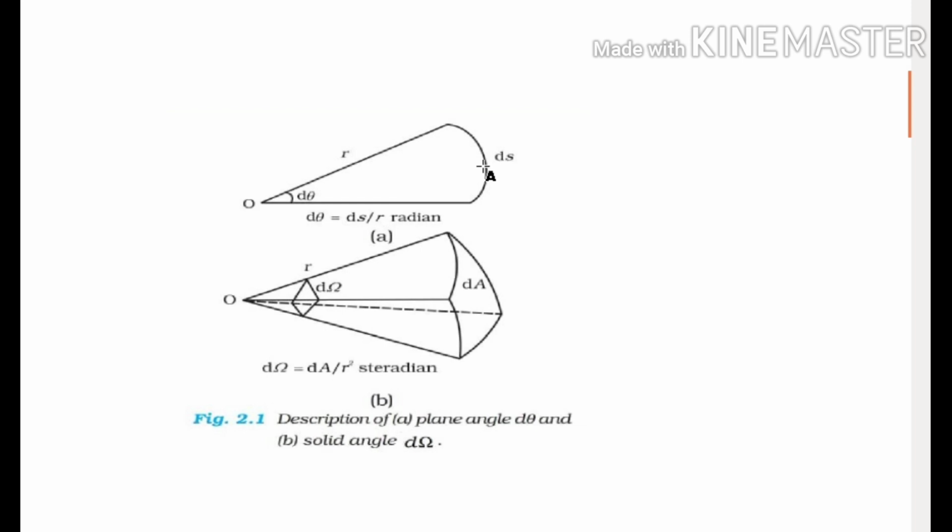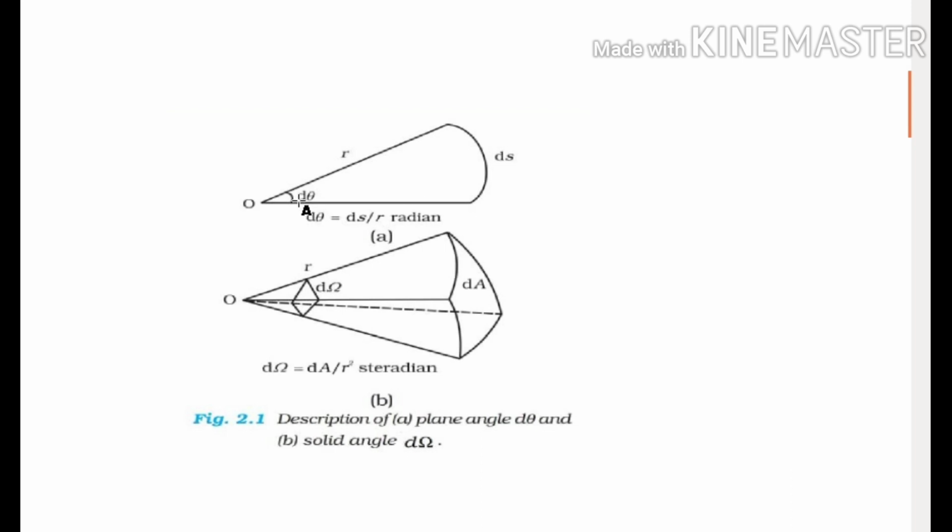Understood? Because this is very small, so nothing to worry about. ds is just a variable which indicates the length of this arc.